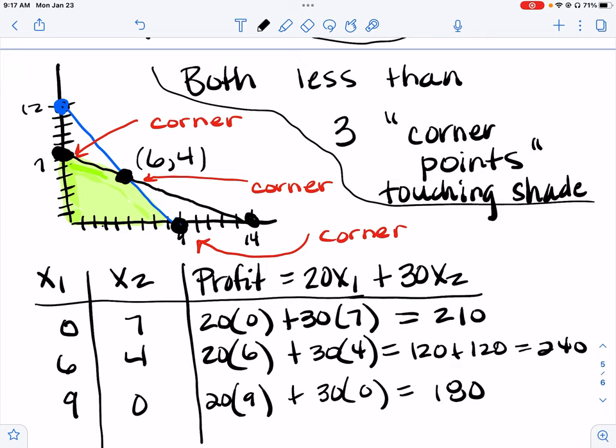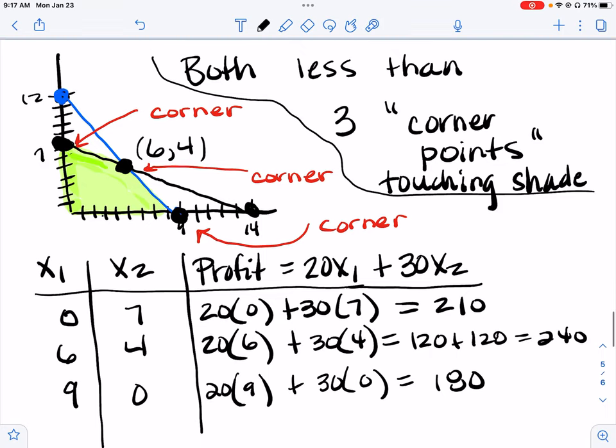Now we plug in those 3 into the profit and see which one has the highest profit. So put in 0 and 7 and you get 210. Plug in 6 and 4, you get 240. Plug in 9 and 0, you get 180.